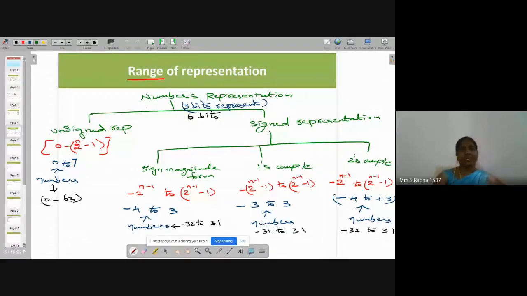And 0 to 63, written in black color, are decimal numbers that can be represented using 6 bits of binary. That is the number of bits required for representation in binary, and the numbers we are talking about are in decimal. This is the range, the general formula: 0 to 2 power n minus 1.